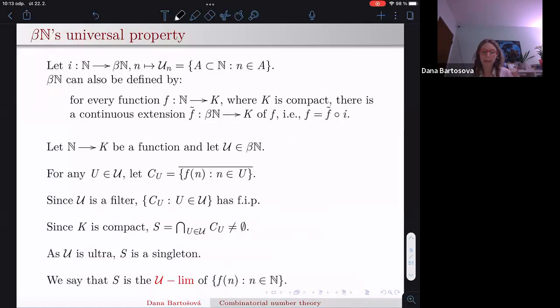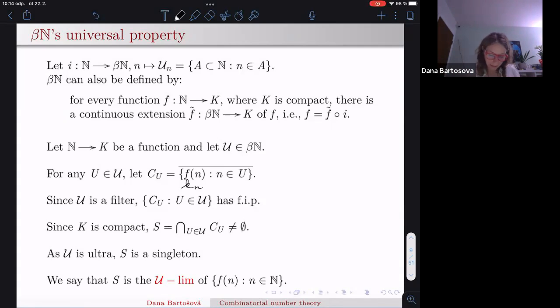So how did it go? How exactly did it go once we do have the description of beta n in terms of ultrafilters, right? So why does beta n actually satisfy this? So we will take any subset that comes from that ultrafilter that we are trying to find an image in K. And we are going to find that as an intersection of some closed sets inside of K. In particular, we are going to look at these, as I wrote on the previous slide, the closures of f(A), right?